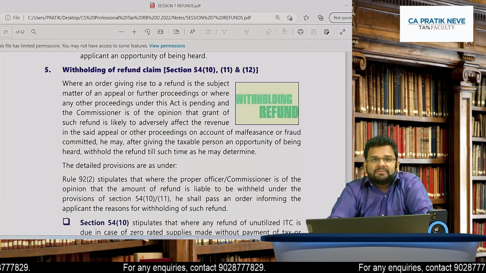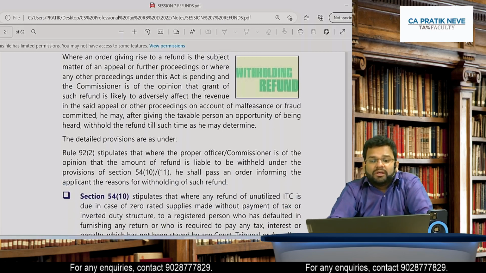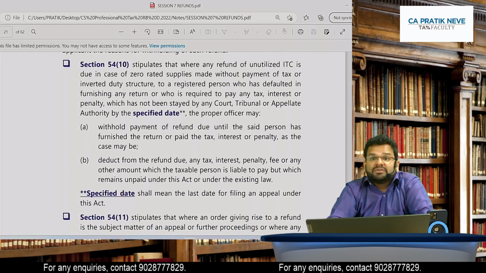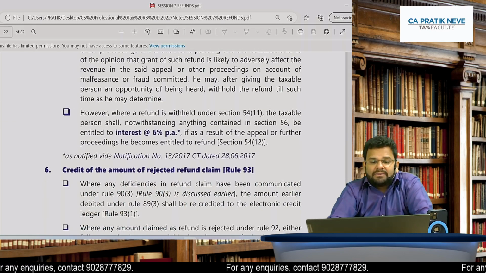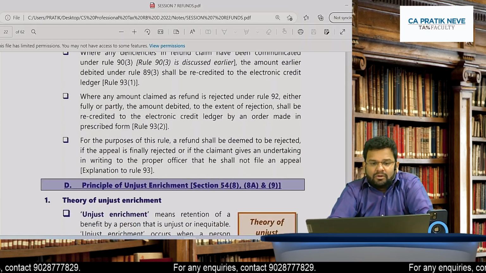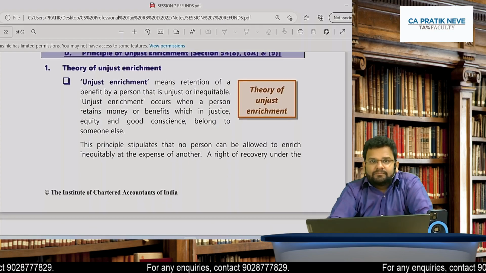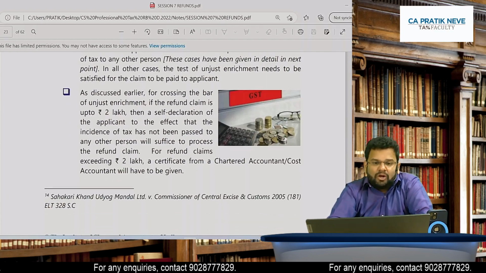Is it clear? It's not correct for government to keep the money with them, which needs to be refunded. So they will transfer it to account called as consumer welfare fund. Okay, you can go through this theory or principle of unjust enrichment.